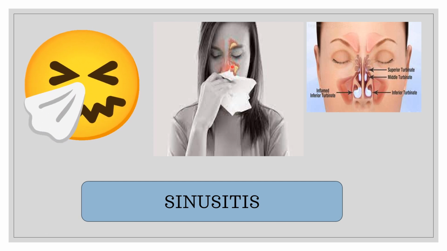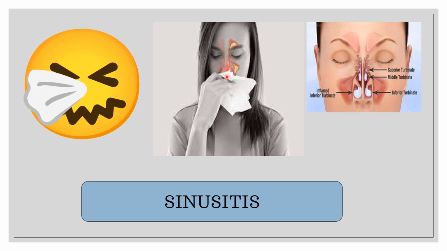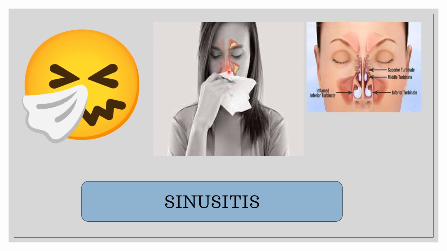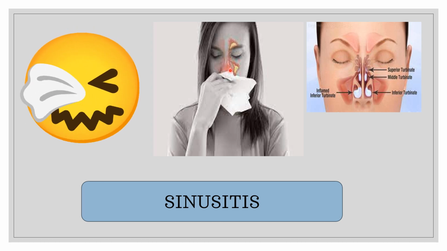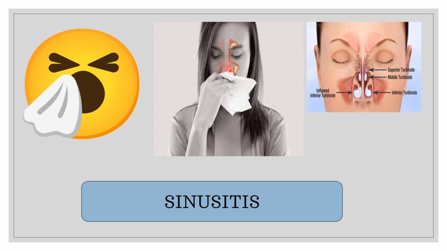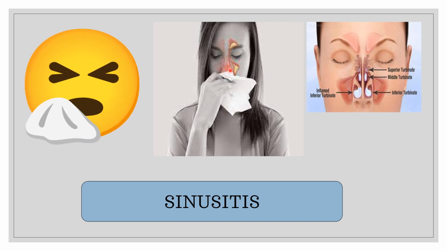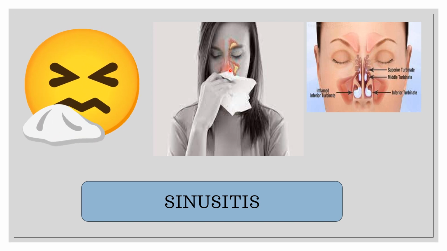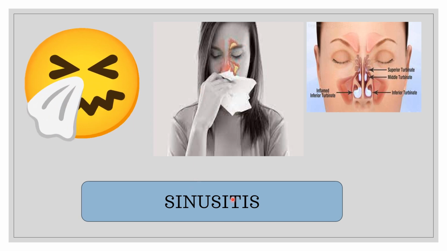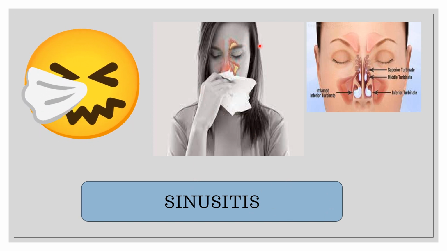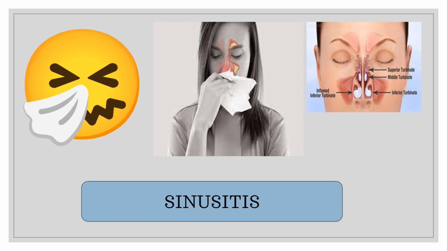So if we have the common cold or any kind of inflammation, when the nasal mucosa is inflamed, the openings of the paranasal sinuses will be blocked, and this results in retention of secretion in the sinuses, which in turn will cause sinusitis. So this is the clinical importance.